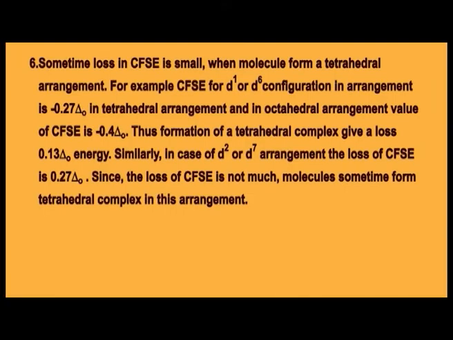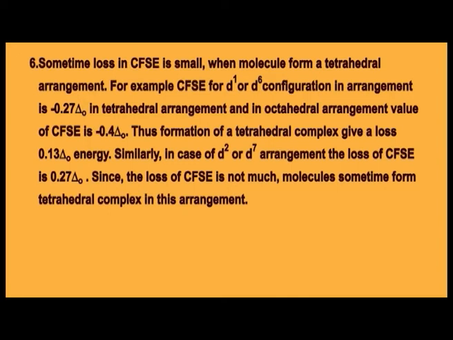Sometimes the loss in CFSE is small when the molecule forms a tetrahedral arrangement. For example, CFSE for d1 or d6 configuration in tetrahedral arrangement is -0.27 delta O, and in octahedral arrangement the value of CFSE is -0.4 delta O. Thus, formation of tetrahedral complexes gives a loss of 0.13 delta O energy.